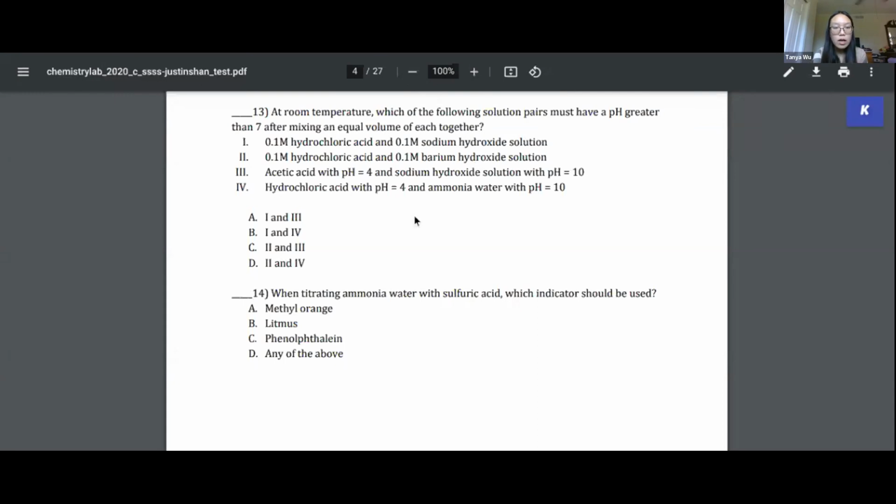For 3, acetic acid, you can Google what acetic acid is. And basically, it donates 1 proton, and sodium hydroxide is a strong base, but it gives you the pH.